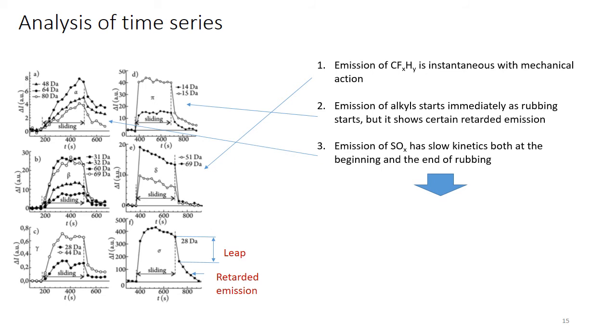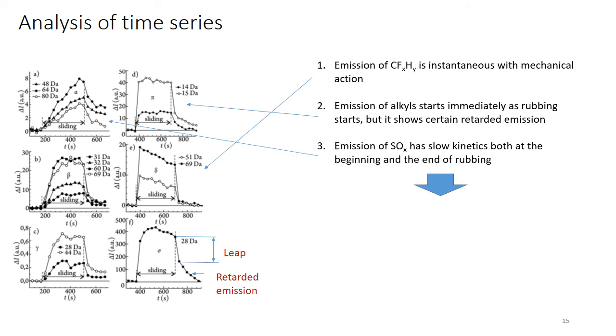It's not bond breaking by rubbing like in the case of CF emission, but in this case we have clearly a secondary process or process which occurs in more than one step. The first step can be bond breaking, some kind of alteration of surface, generation of active sites, and then the secondary reaction takes place, and this secondary reaction gives rise to emission of sulfur oxide.